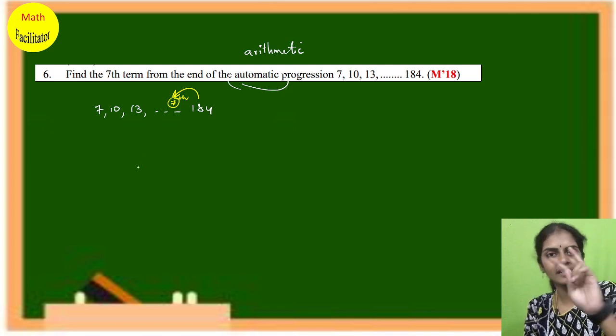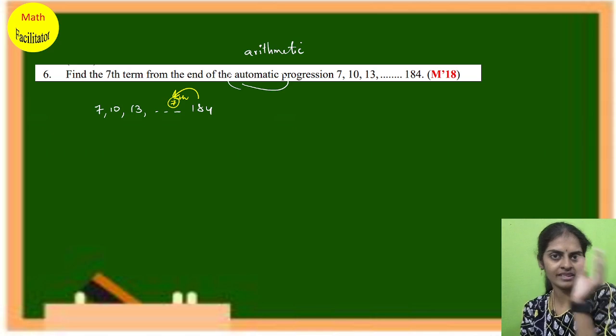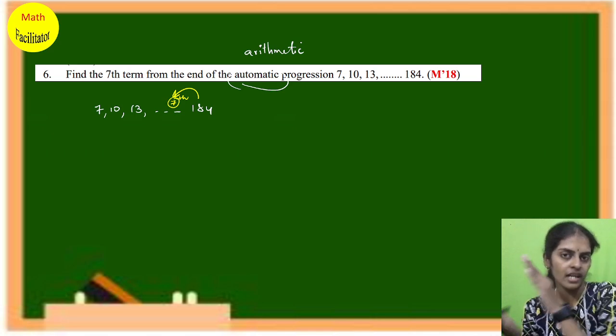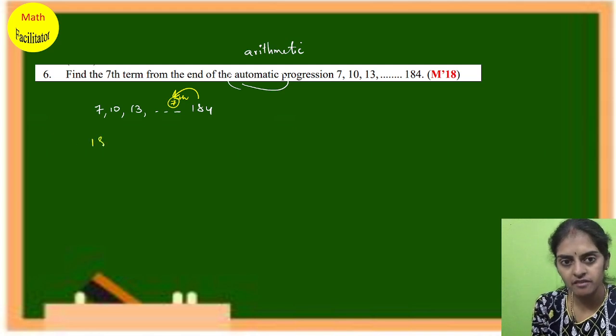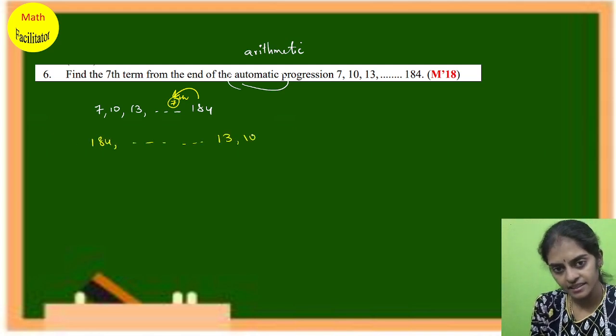So what I'll do is reverse the AP. I have 7, 10, 13, and so on till 184. I will reverse it. So the reverse AP will be 184, and so on, 13, 10, 7.